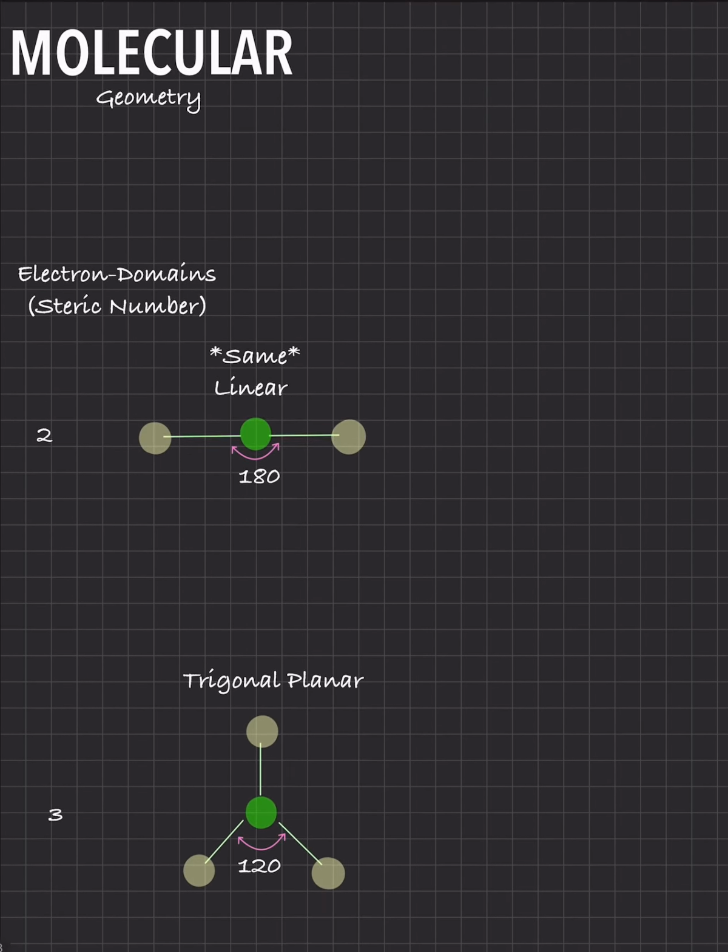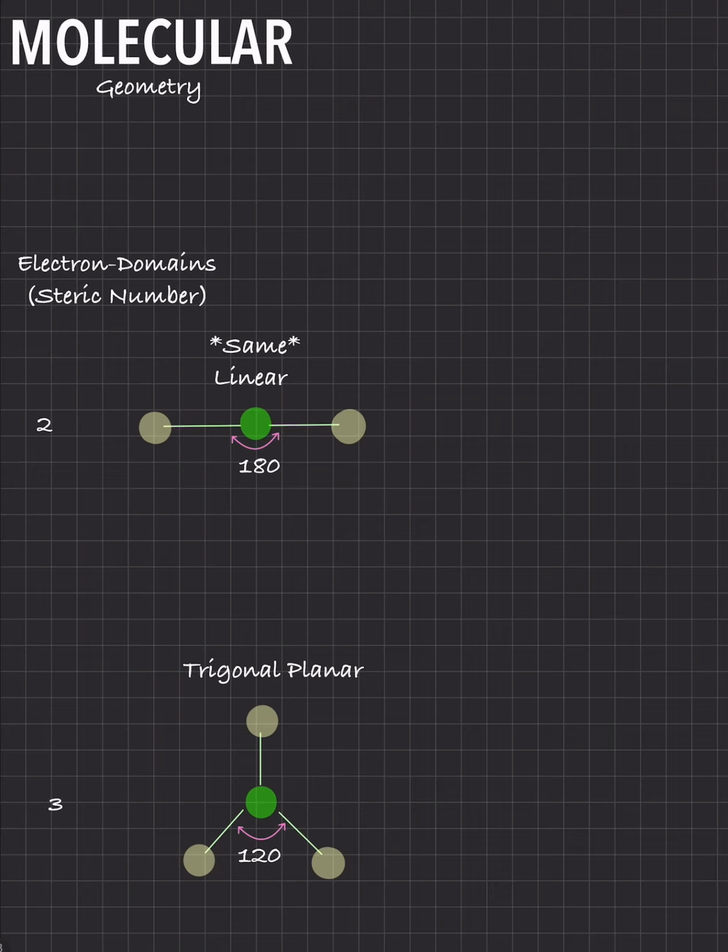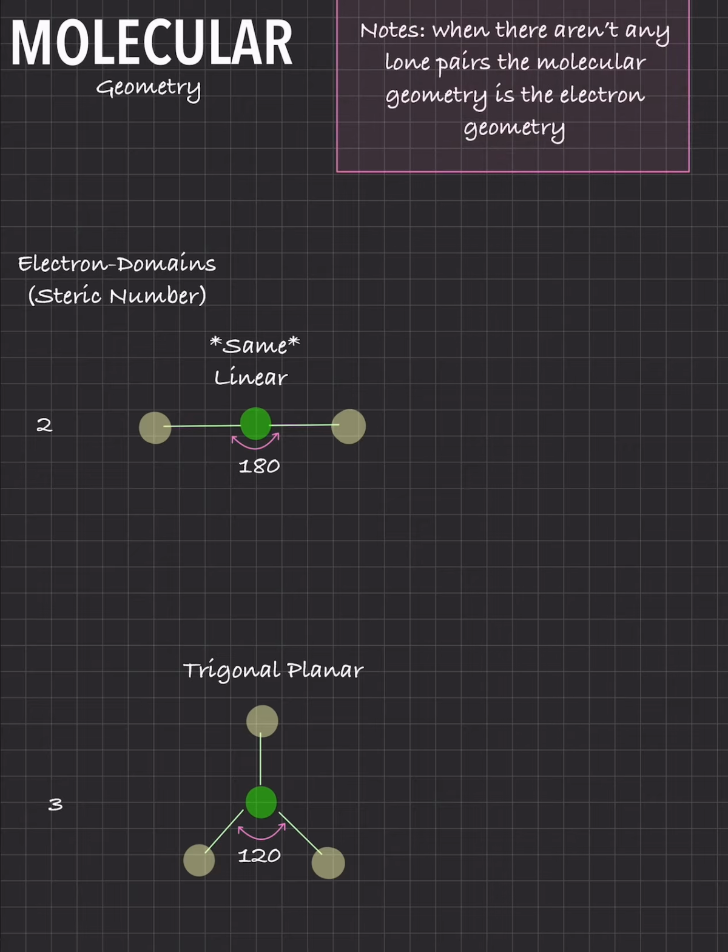This is something I need you to understand. When there aren't any lone pairs, the molecular geometry is the same as the electron geometry.